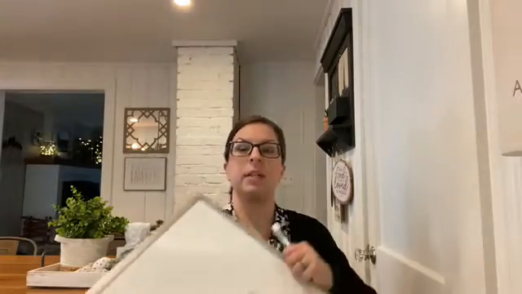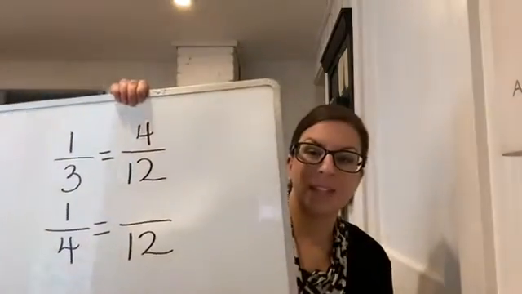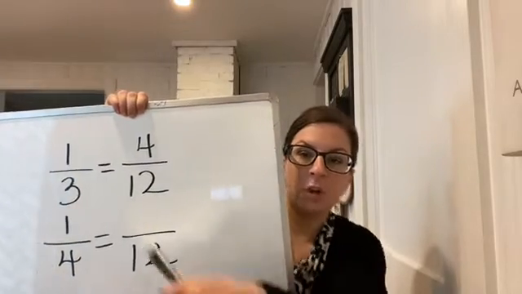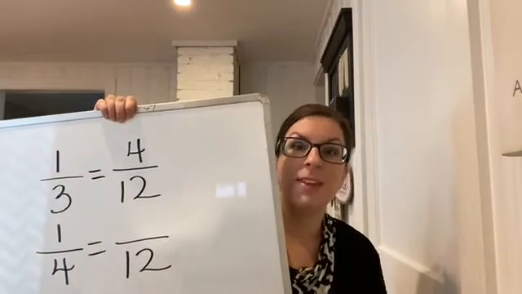So 1/3 equals 4/12. I'm going to do the same thing to the 1/4. What did I do to 4 to get 12? Multiply it by 3. So what do I need to do to the 1? Multiply it by 3, because it's not going to be an equivalent fraction if I don't do the same thing to the top as I do to the bottom.